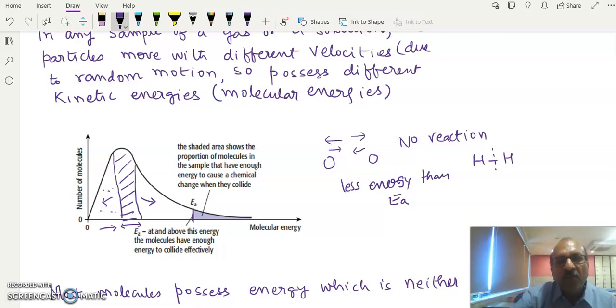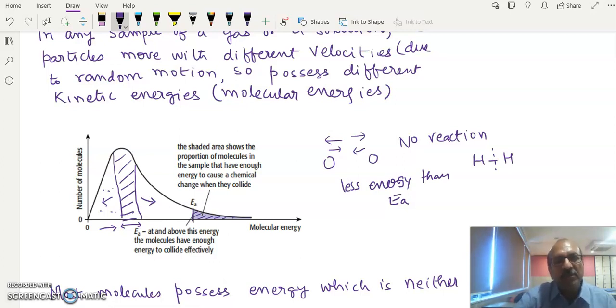If you observe this graph, this shaded region is the number of molecules which possess energy greater than activation energy. Only these molecules can lead to successful collisions so that a reaction may take place.